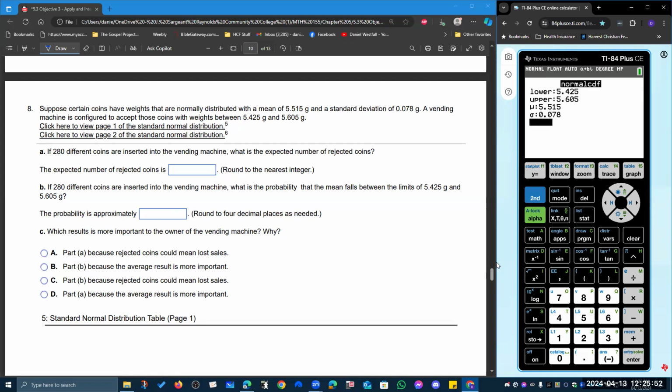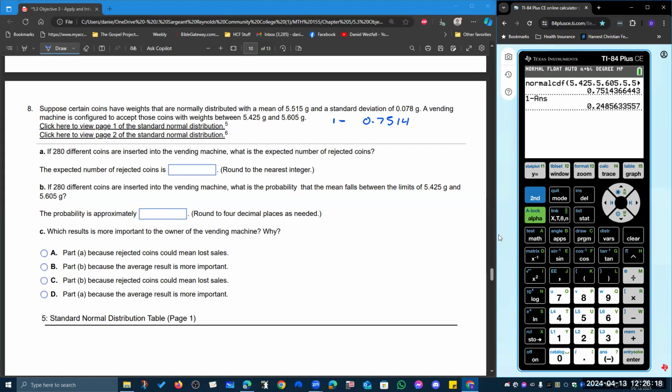And we're going to figure that out, and we get 0.7514, and we're going to do 1 minus to find the probability of rejection.